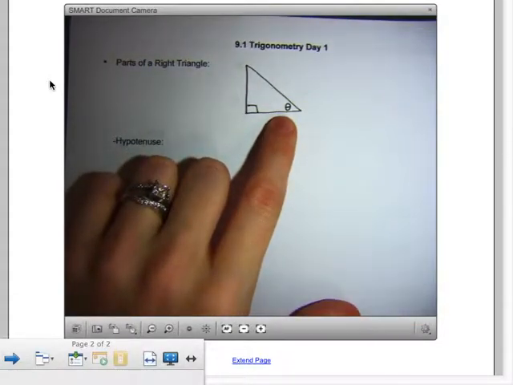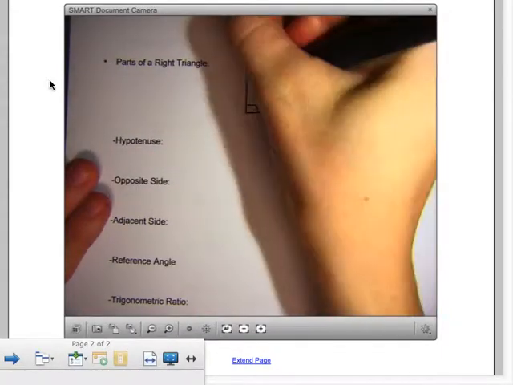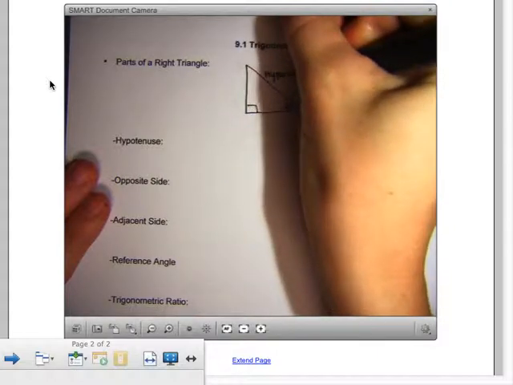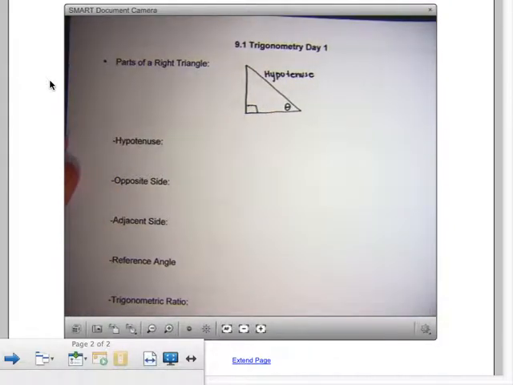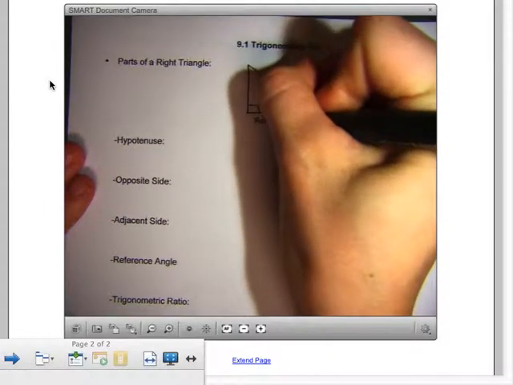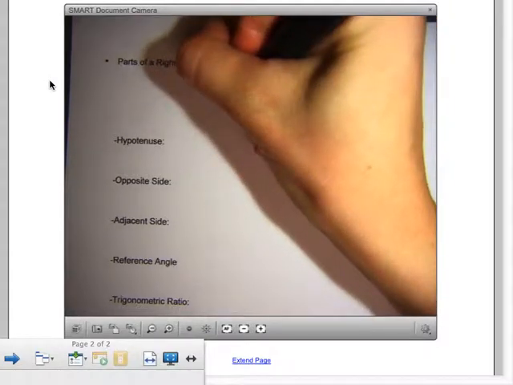So this is my angle. And the three different parts that I'm going to label: the hypotenuse, adjacent, and then opposite. And we'll go over what each one means.